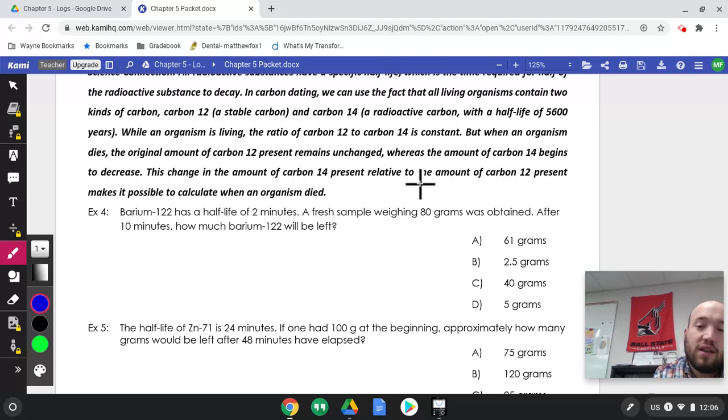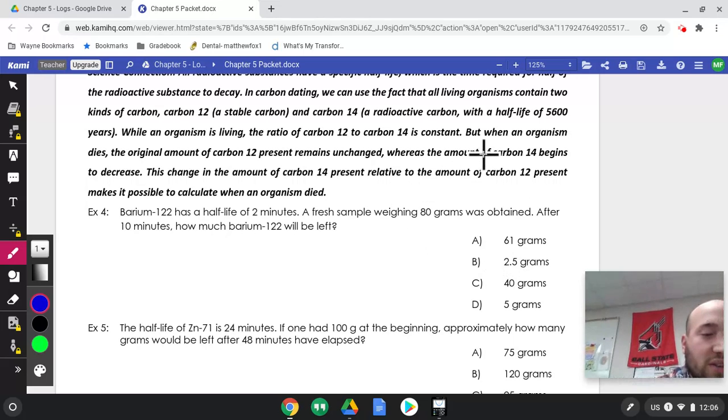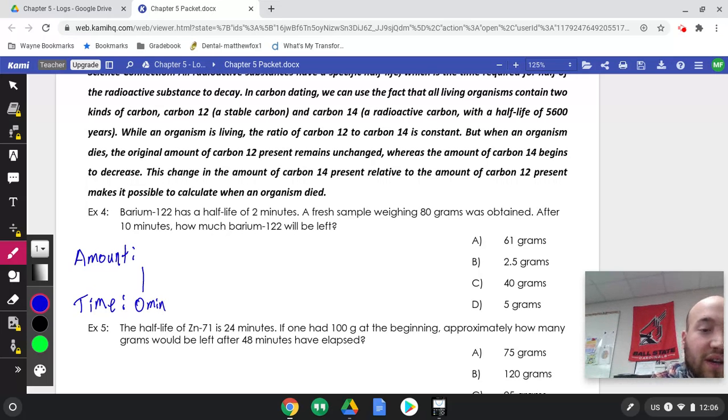So we can look at these options, and we're going to find which of these it will be. So at the start, we have an amount, and then we also have a time passed. At the start, when 0, this is in minutes, so 0 minutes have passed, we have 80 grams.